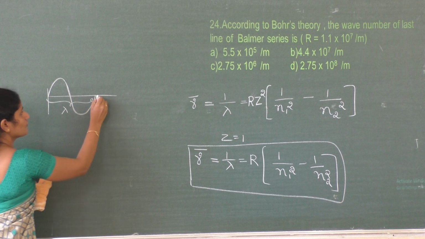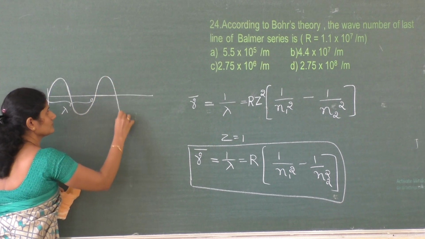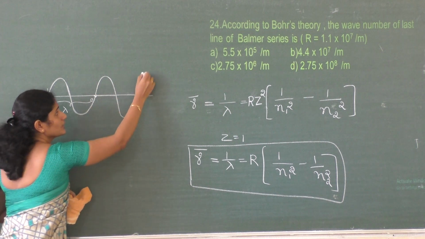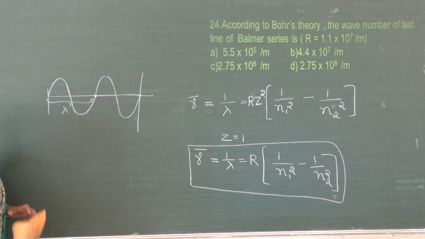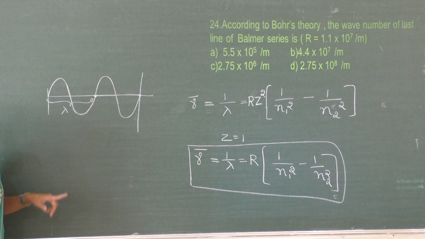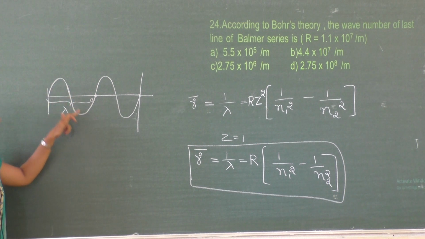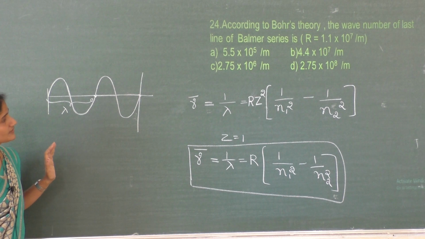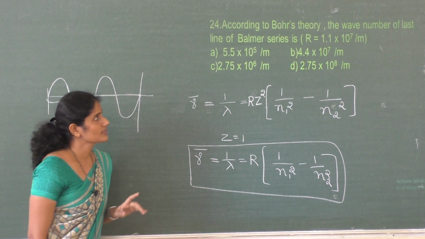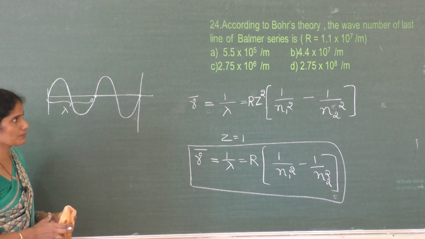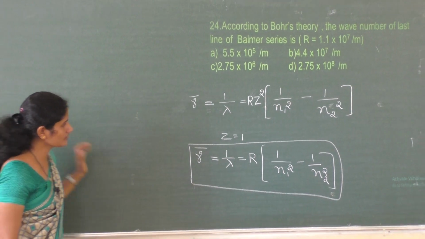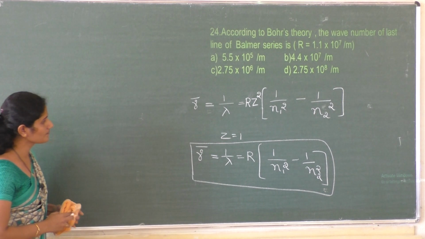So how many wavelengths are there in unit distance, that is called wave number. So here 2 wavelengths are there. So wave number is 1 by lambda.